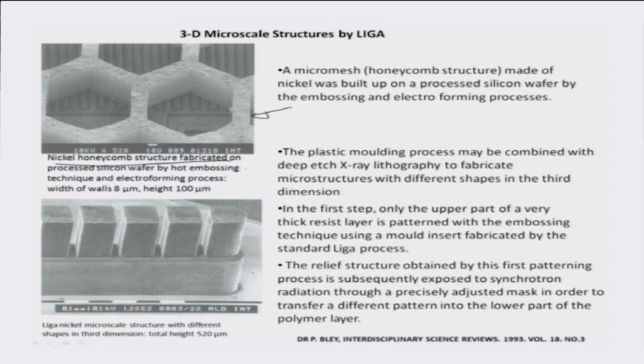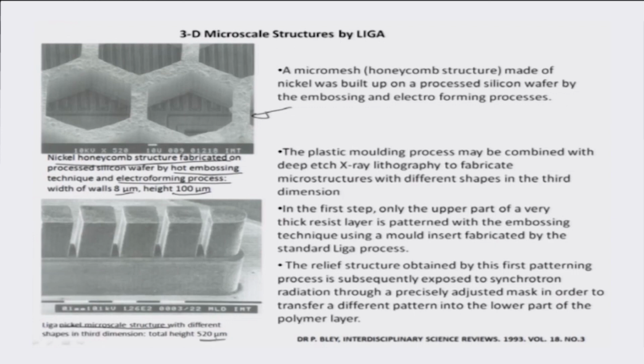where the initial process was hot embossing driven, but then later on electroforming was used. Okay, and the width of the walls in this case is about 8 microns, height is about 100 microns. Similarly, these are LIGA made nickel microscale structures with different shapes in the third dimension. The total height is close to 520 microns.